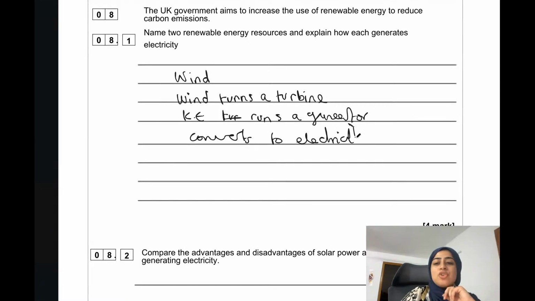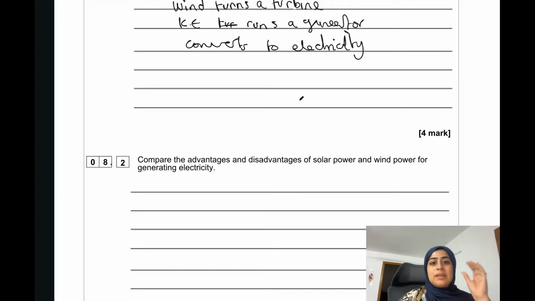So make sure you say turbine, make sure you say generator. These are key words.